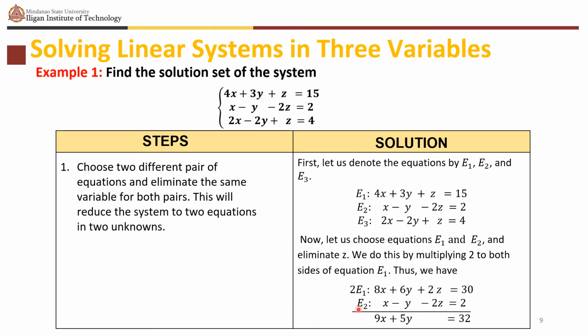And since our E sub 2 is x minus y minus 2z is equal to 2, when we add the two equations, we come up with 9x, 6y minus y is 5y, and 2z minus 2z is equal to 0, so 30 plus 2 will give us 32.